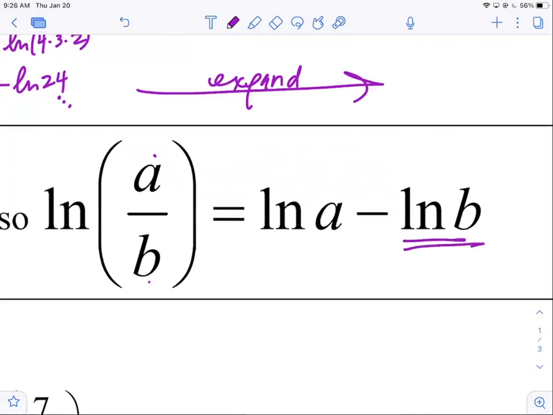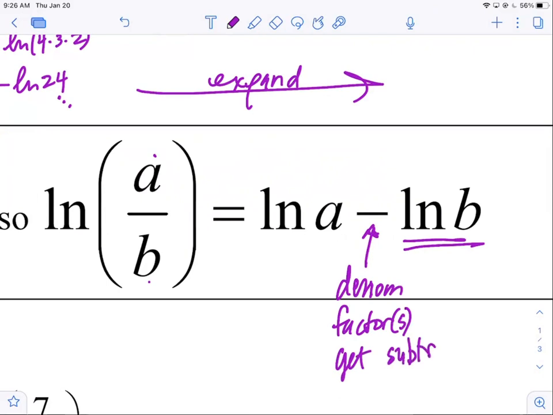The factor in the denominator gets subtracted. The denominator factor, or factors, there could be more than one, they get subtracted. Easy to remember. The positive term is multiplied in the numerator. The negative term is multiplied in the denominator.